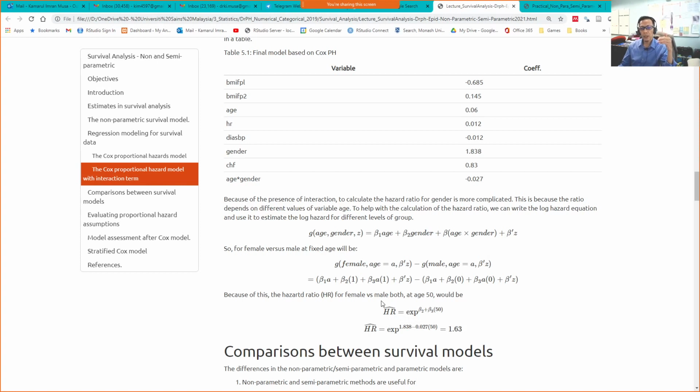For example, if you are comparing a female age 50 population versus a male age 50 population, then we got this equation.